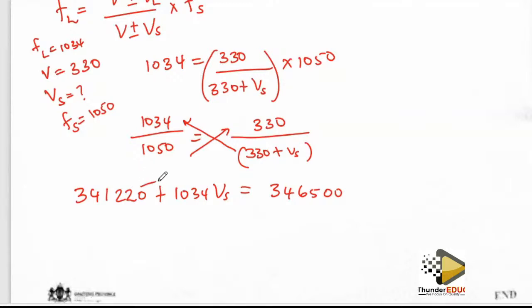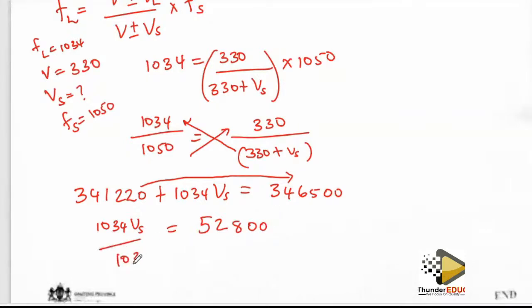Then I move this to the right, so 1034 V_s is equal to 346,500 minus 341,220, having 5,280. Then I divide both sides by 1034, so that becomes 5,280 over 1034, which is about 5.1 meters per second. Guys, that's what I'm getting.